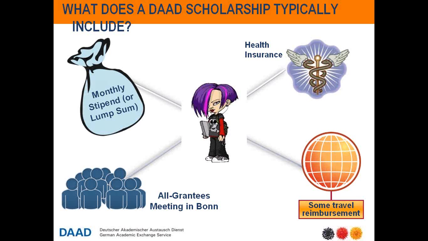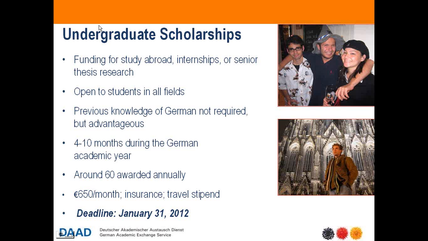Now, the undergraduate scholarship, where we have an upcoming deadline on January 31st, is usually granting about 60 scholarships. It sort of depends on who is applying. We tend to have about 240 applications on average, so the selection ratio is actually quite good.